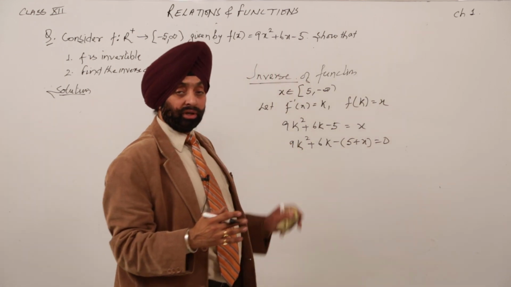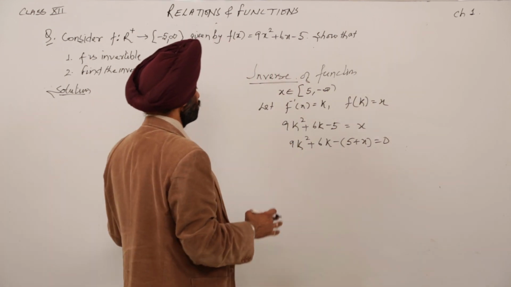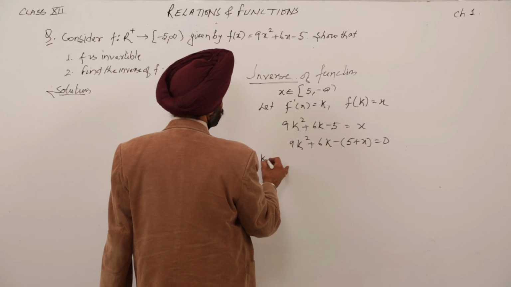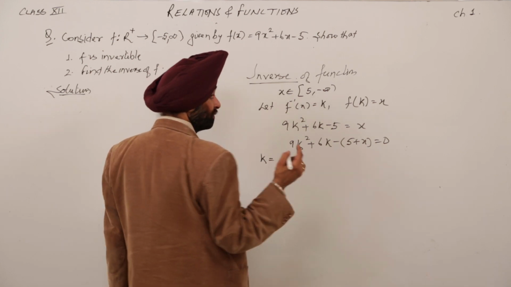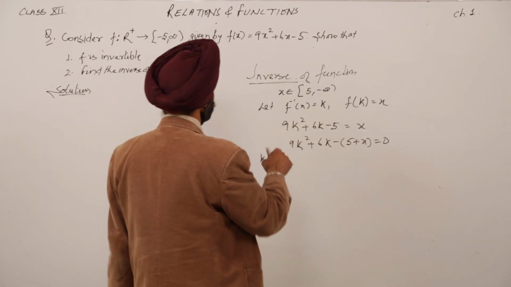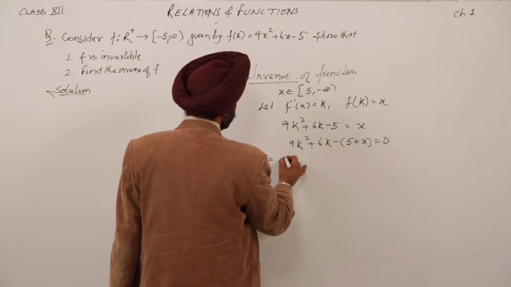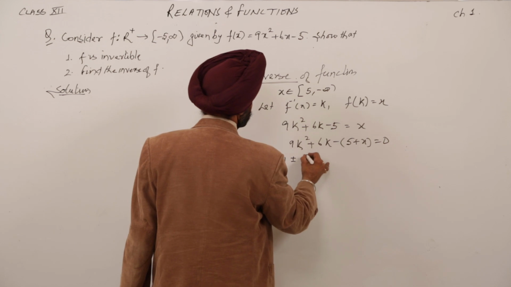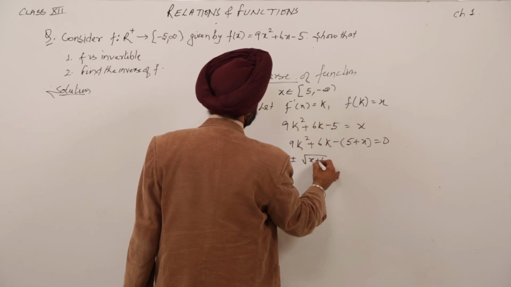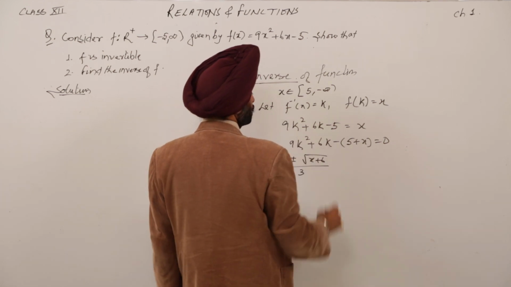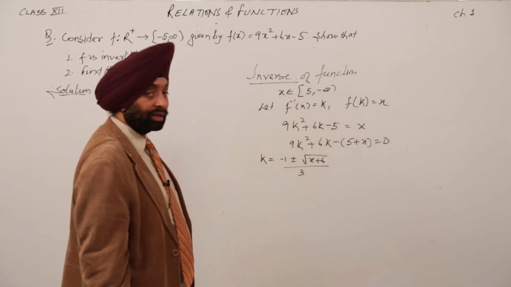Same thing we have done, we have proved in the onto function. So what we get for k there, what we get for x there. Now here k will be minus 1 plus minus under the root x plus 6 upon 3. Now you will be getting this from that part.